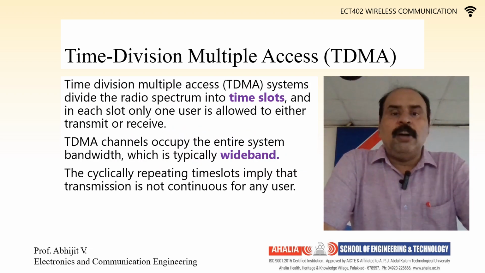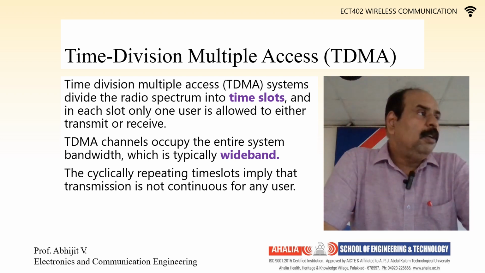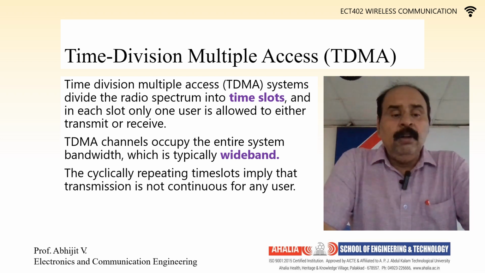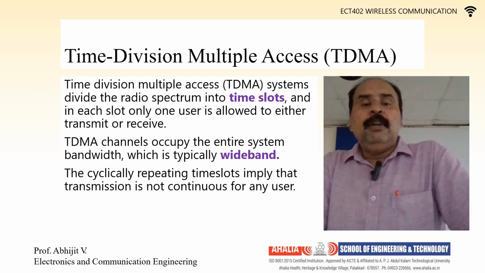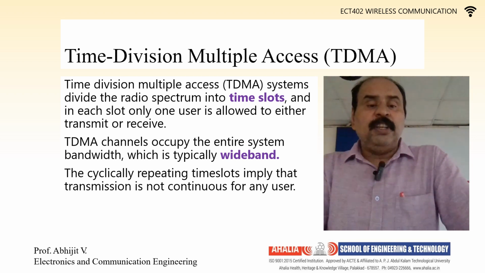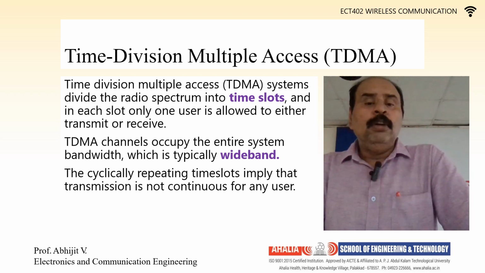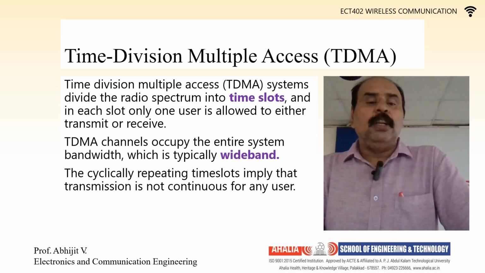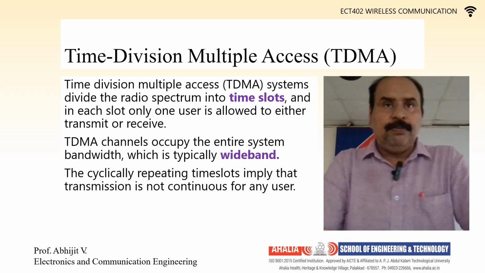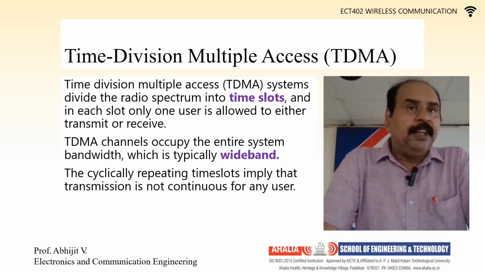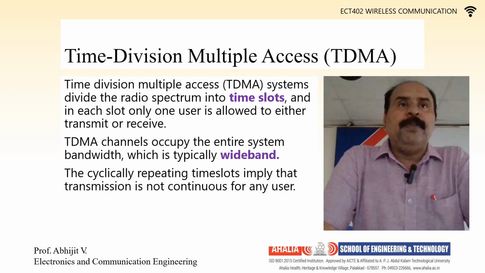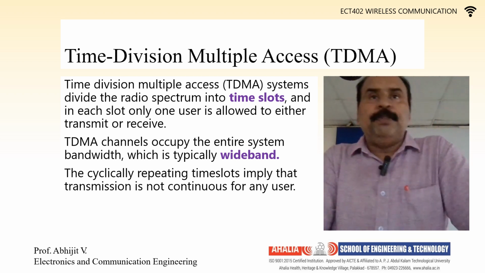So coming to the next topic in our syllabus, time division multiple access or TDMA. Time division multiple access systems divide the radio spectrum into time slots, and in each slot only one user is allowed to either transmit or receive. TDMA channels occupy the entire system bandwidth, which is typically wideband, compared to FDMA, which was a narrowband system.